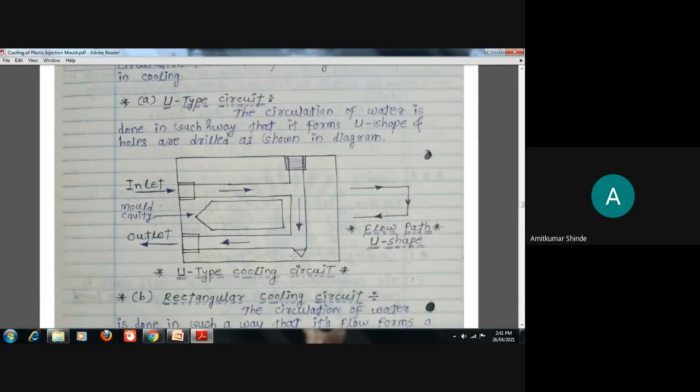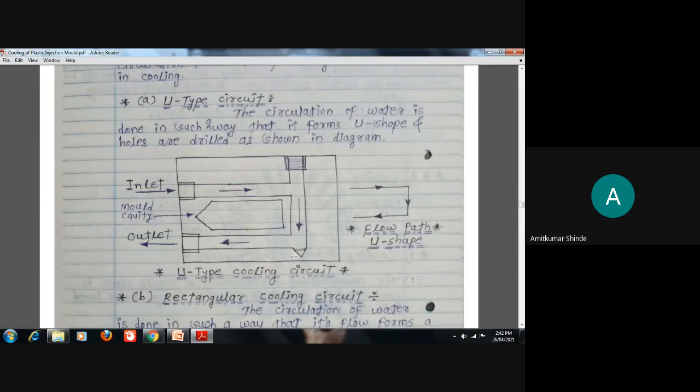Now the temperature of a mold plate is controlled by circulating water through the holes bored or drilled in that plate. In the cavity plate we are going to drill the holes, and through those holes we are going to circulate the water to cool that mold plate.